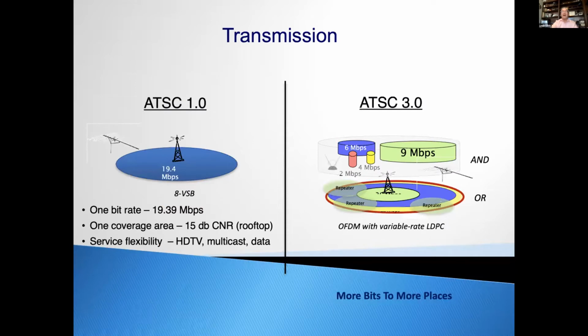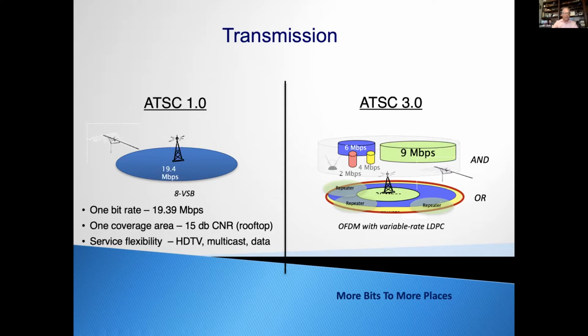Now I'm moving on. I'm trying now to stay away from too many of the technical details. So for ATSC 3, we know about the left side, about ATSC 1. For ATSC 3, you get more bits per hertz. The spectrum efficiency is nearing that theoretical limit. You get flexible bit rate and coverage area choices.